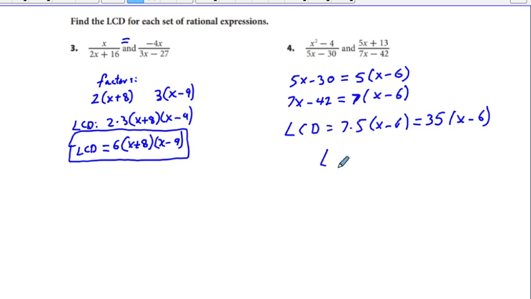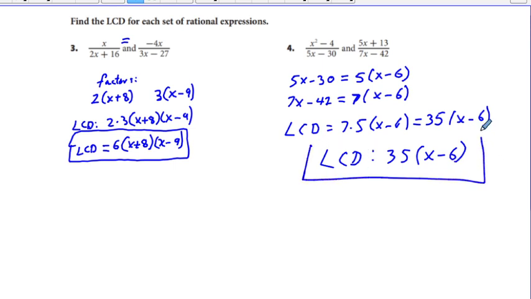So we'll put LCD is equal to 35 times quantity x minus 6. Okay, there we go. Okay, next.